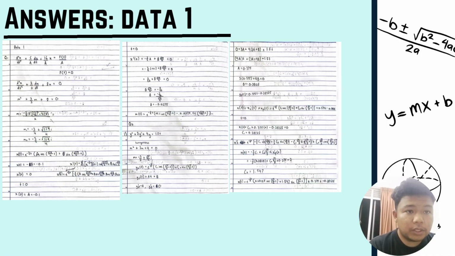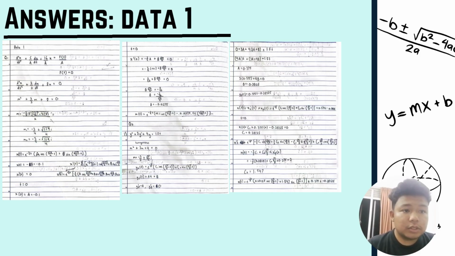When we plug in the value of a, we get that b is equal to negative 0.0275. So now we get the full equation, which is e to the negative 3 over 4 t, negative 0.1 cos square root of 119 over 4 t minus 0.0275 sin square root of 119 over 4 t.